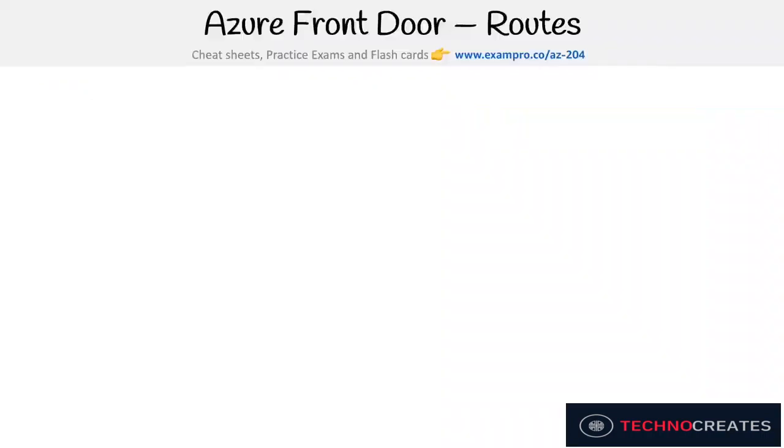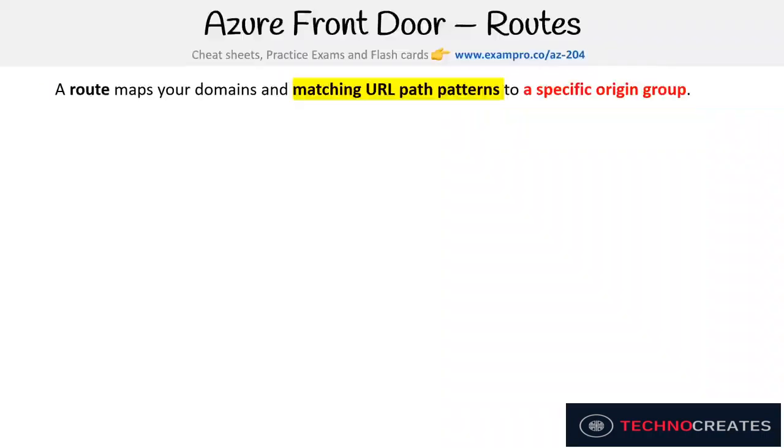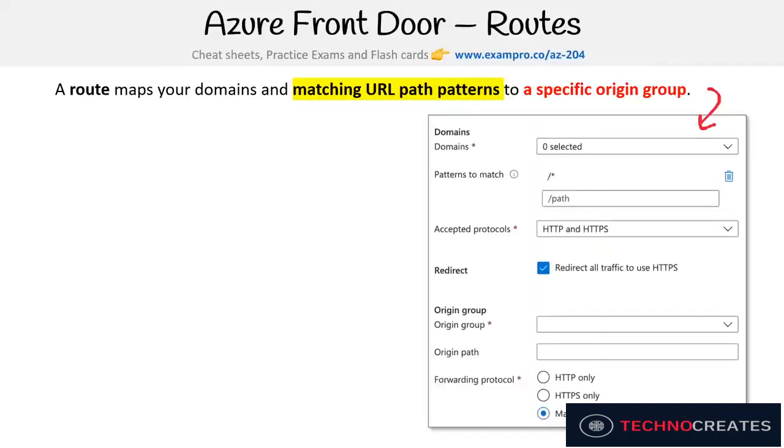Let's take a look at routes for Azure Front Door. So a route maps domains and matching route path patterns to a specific origin group. So here, the idea is that we can define what domain we want to use. For this route, we can say what patterns we're matching on. So a wildcard is going to match on everything. Is it going to be treated as a redirect to HTTPS? Because if you have HTTP, you probably want to go there.